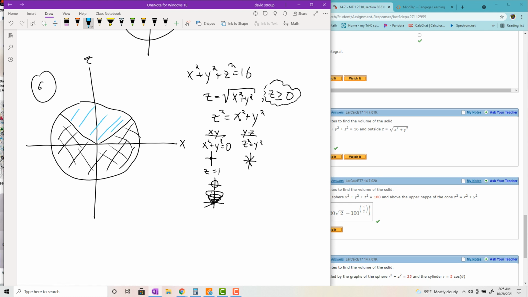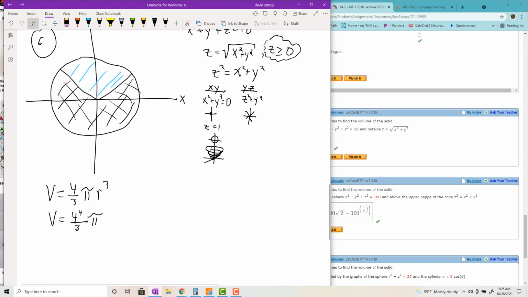The volume of a sphere, which you should know, it'll become helpful later on, is 4/3 pi r cubed. In this case, I know that the radius of this sphere is 4. So my volume of the entire sphere is going to be 4 cubed times 4, I'll just write 4 to the 4th all over 3 pi. And then I'm going to find the volume of that blue region.